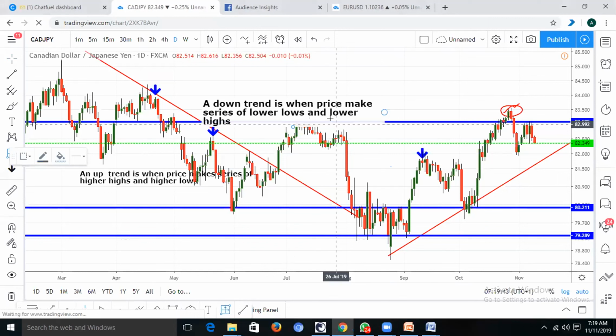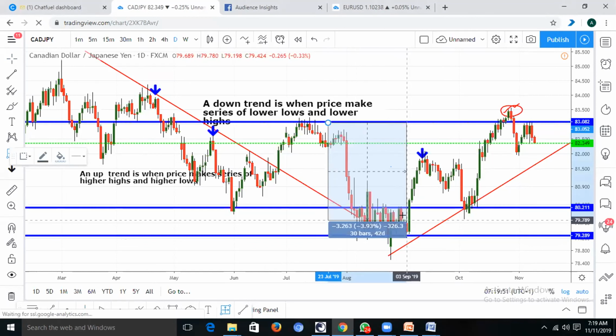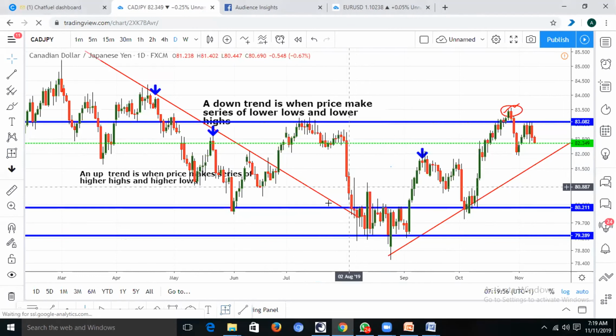All right, in 2018, this is July, price turned from here down here over 326 pips. So to tell you that this place is an important zone.